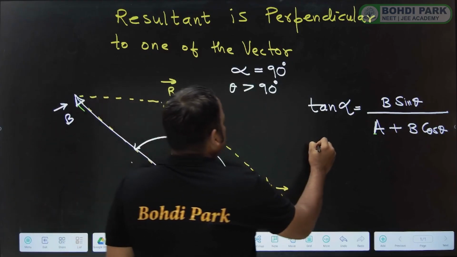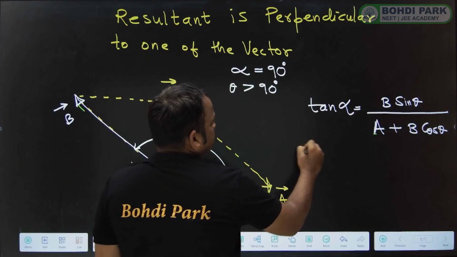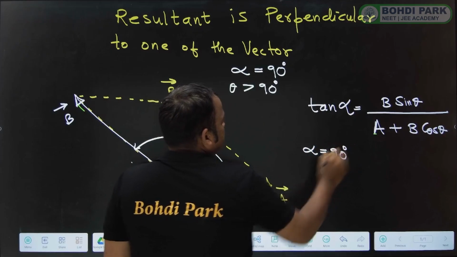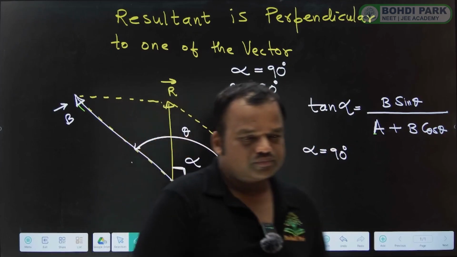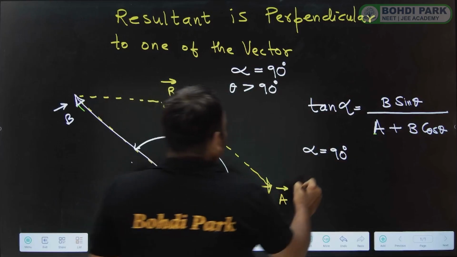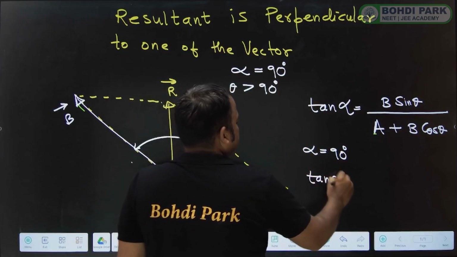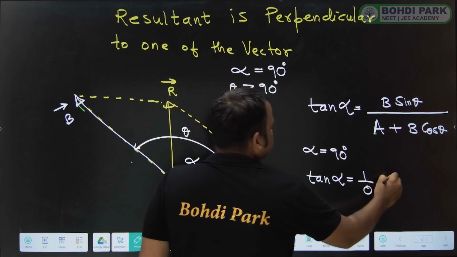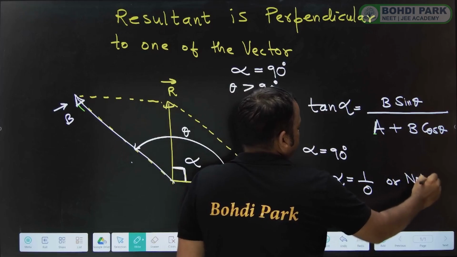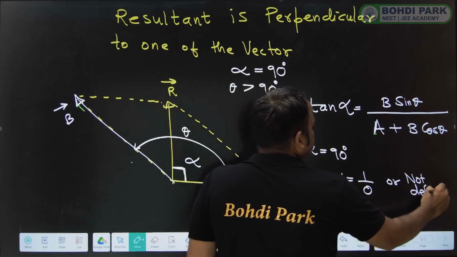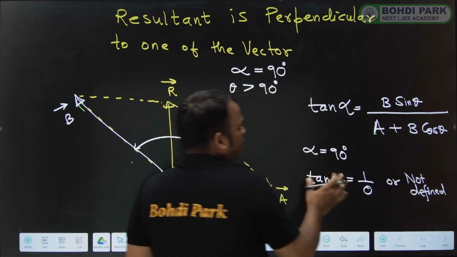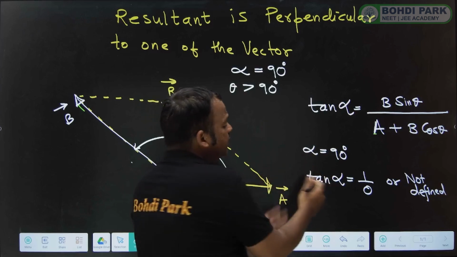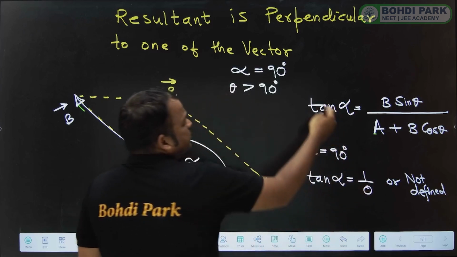Now alpha is given as 90 degrees. So tan alpha is equal to 1 by 0, or not defined. In maths we say it is not defined, but what value do we need here? It is 1 by 0, so 1 by 0 we have to put here.